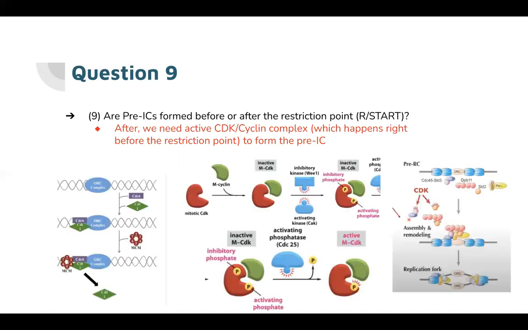No. All right. So I just have a diagram here. We form the pre-RC first, then CDK has to be activated in order to form the pre-IC, because active CDK recruits these proteins for the pre-IC. That's kind of just going over it.